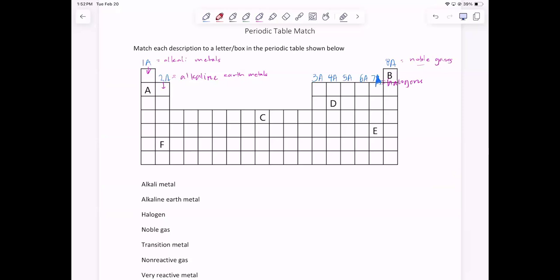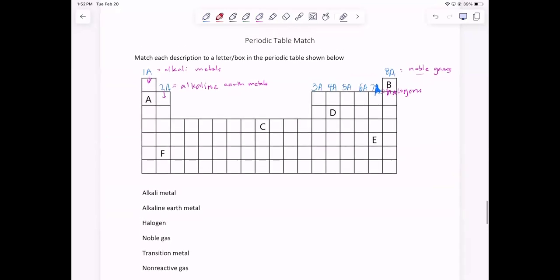There's also something to point out, which is a stair-step line that I'm going to add here. Everything to the left and below the stair-step line are metals, and everything to the right and above the stair-step line are non-metals.